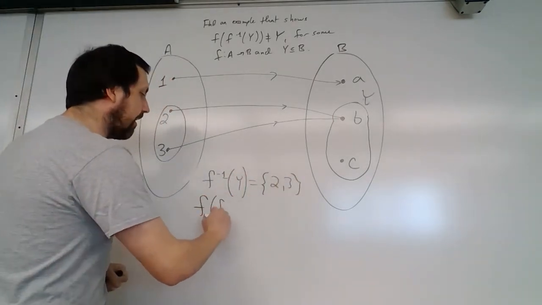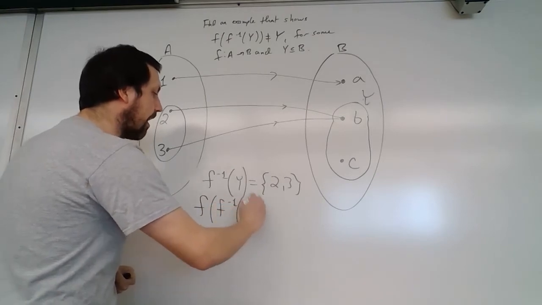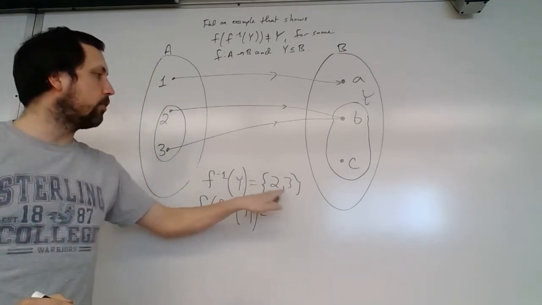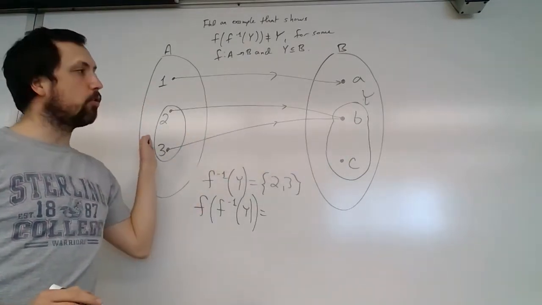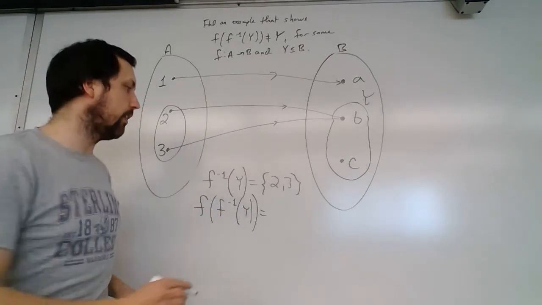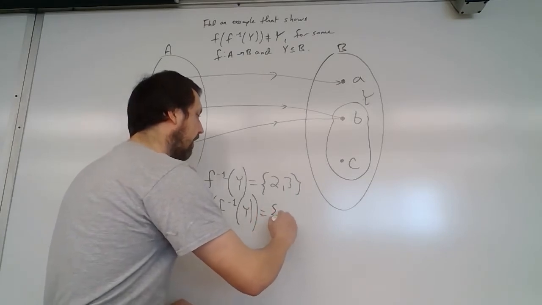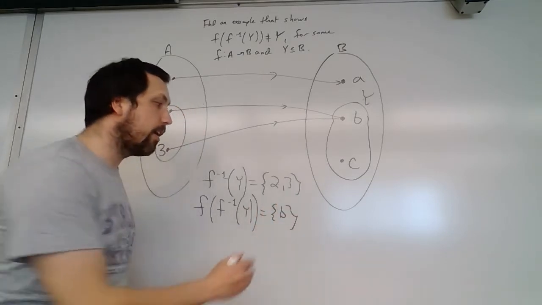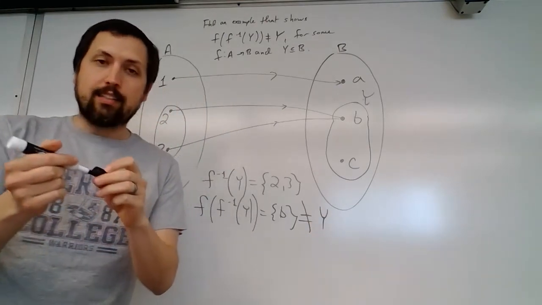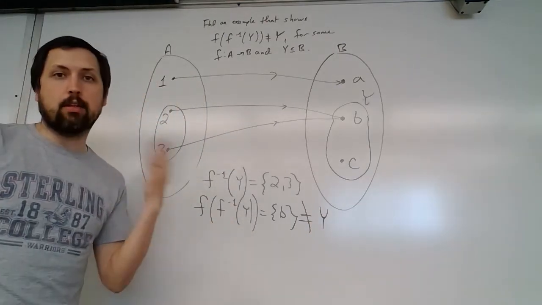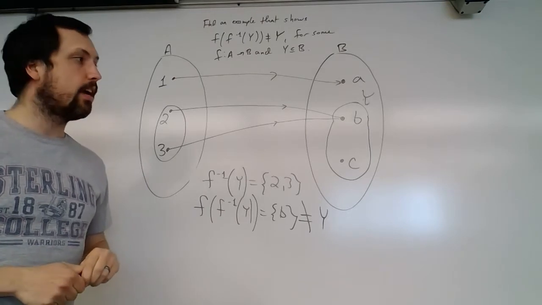Then if we find the image of this set, the image of 2, 3, that's all the elements in the codomain that get mapped to from our domain, well, indeed, we see that is simply the set containing B. But in this case, it is not equal to Y.